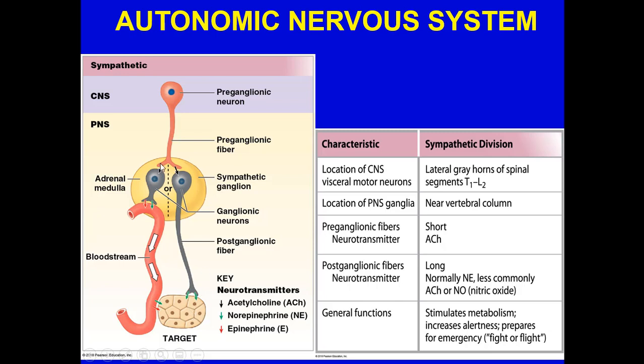Now, if your target is the adrenal medulla, you don't have any postganglionic fiber. You've got the medullary cells in there. They release epinephrine and norepinephrine immediately into the bloodstream, and that has a prolonged effect during sympathetic activation.